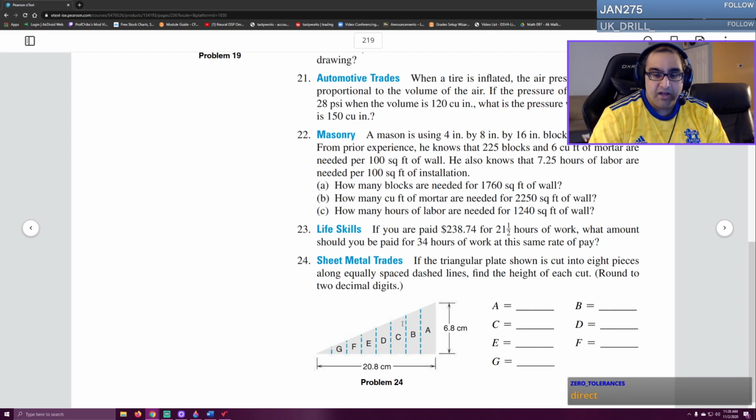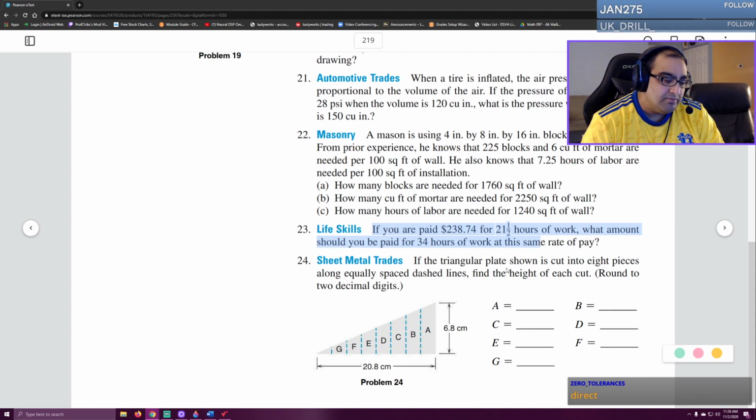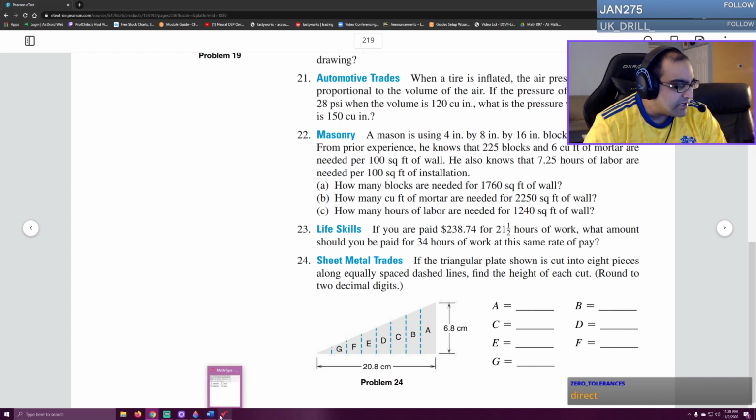Yeah, that's definitely direct. Okay, again, you can tell here because if you work more hours, you should get paid more to do it, right? So working more equals getting paid more. So let's do our direct relationship here.